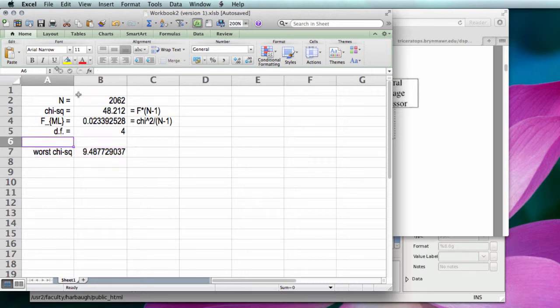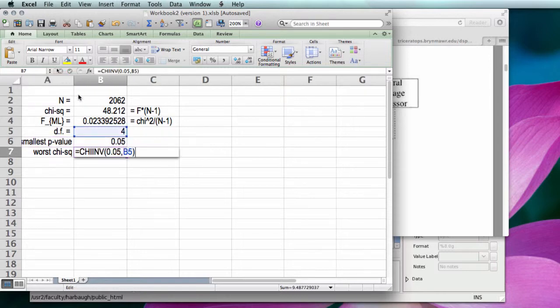So in other words, the smallest p-value would be 0.05, and this is using that smallest p-value.